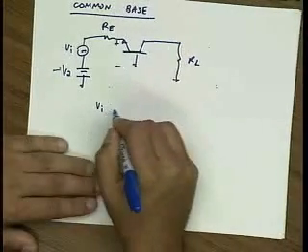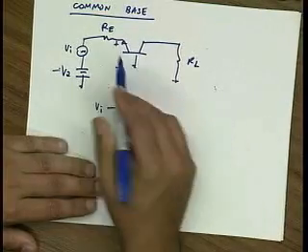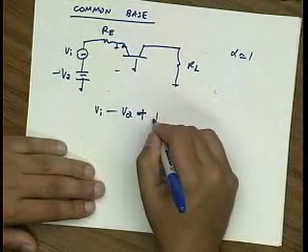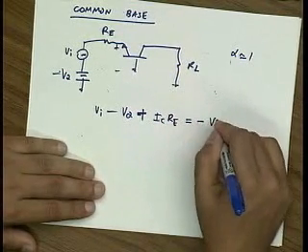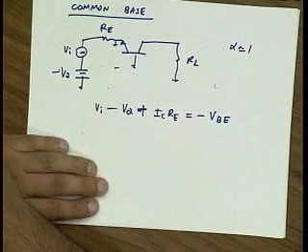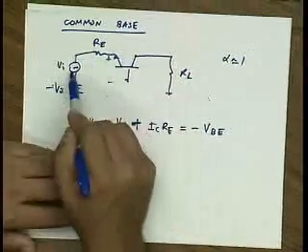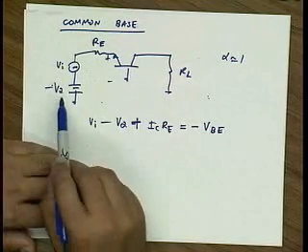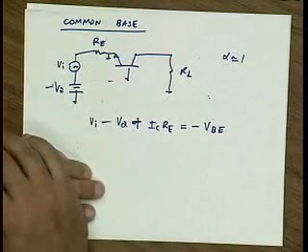V input minus VQ plus, assuming alpha is 1, ICRE is equal to minus VBE. So V input, ICRE is in the same direction as V input. This is negative. All this is equal to the minus VBE of the transistor.